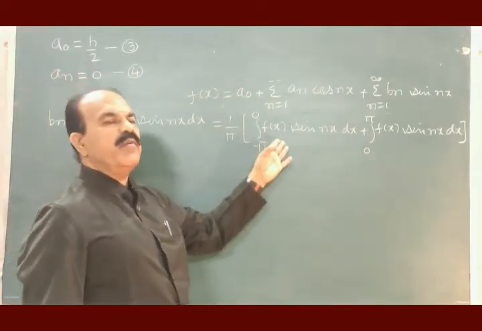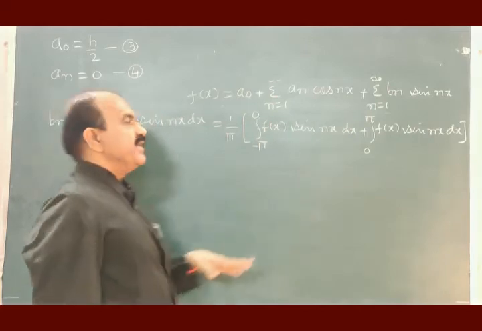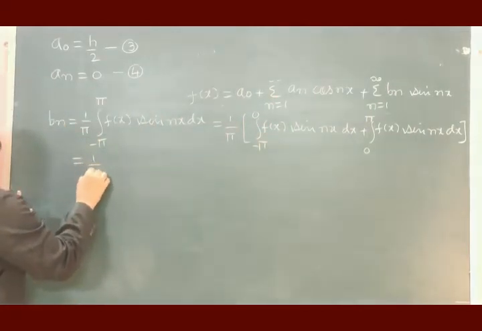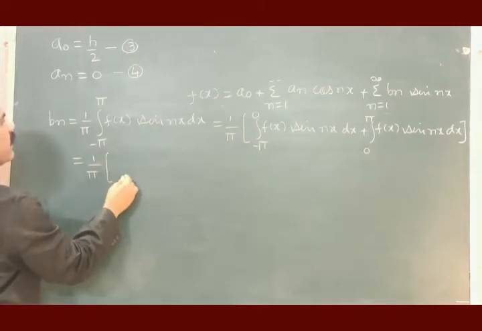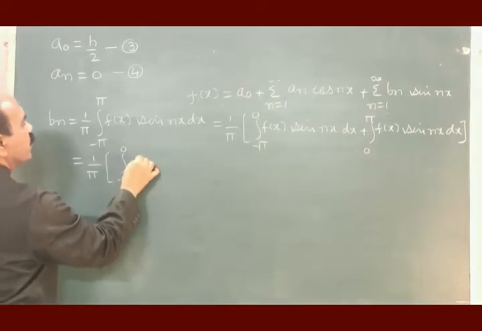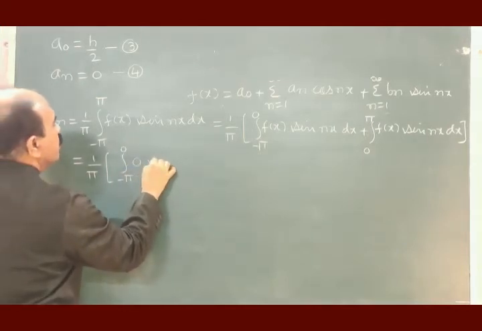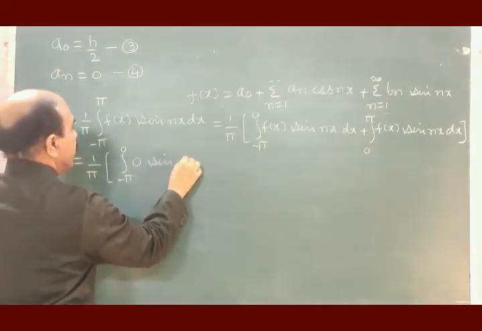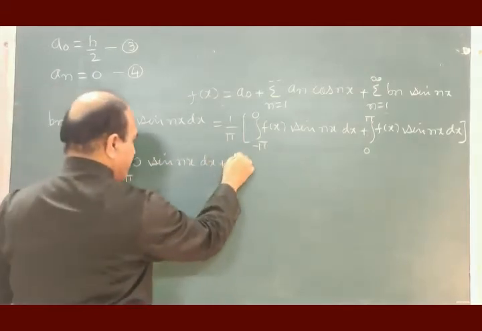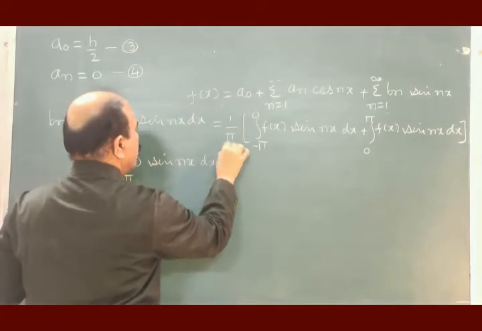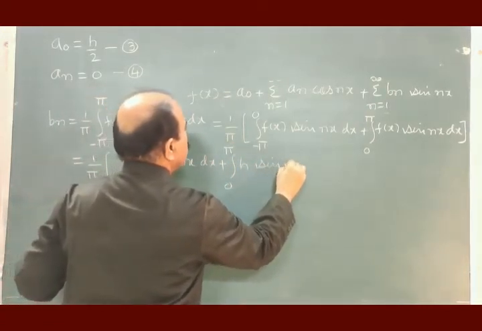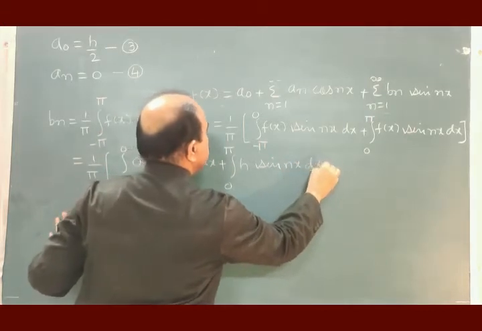Put the values of f of x for this limit and for this limit, giving us 1 divided by pi, minus pi to 0, 0 into sin nx dx plus 0 to pi h into sin nx dx.